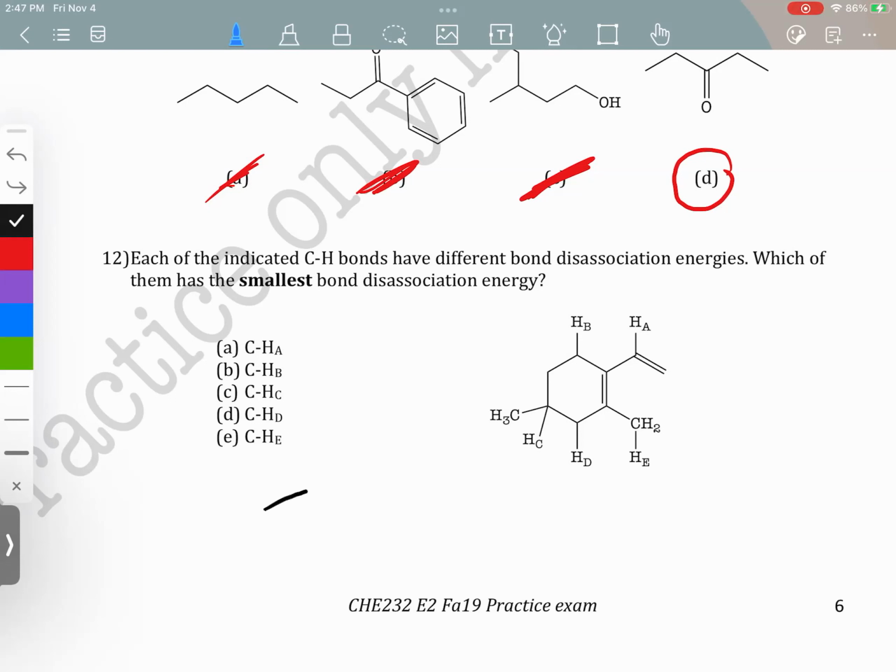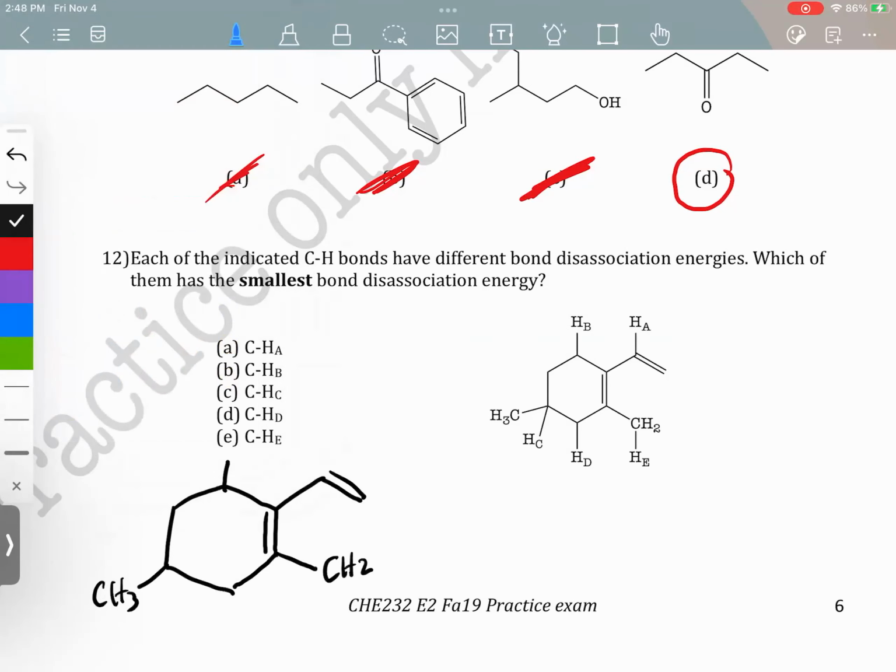So let's draw the products after all these CH bonds are broken. When you cleave these carbon-hydrogen bonds, what's going to be formed? Cleave is another way of saying break. CH2, CH3.